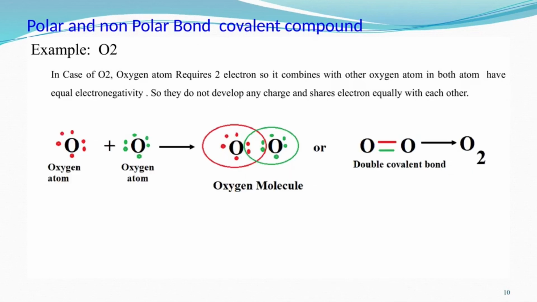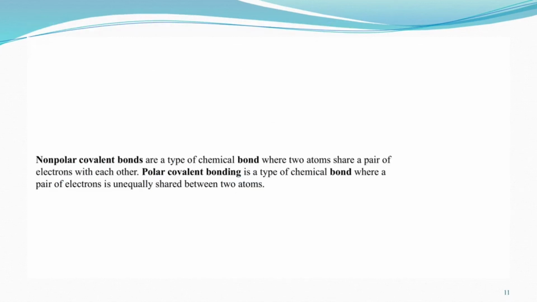Okay, next slide. Next slide please. So, at last, concluding this, what we can say is that non-polar covalent bonds are a type of chemical bond where two atoms share a pair of electrons equally with each other, while a polar covalent bond is a type of chemical bond where a pair of electrons is unequally shared between two atoms.